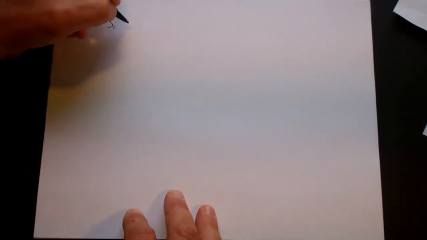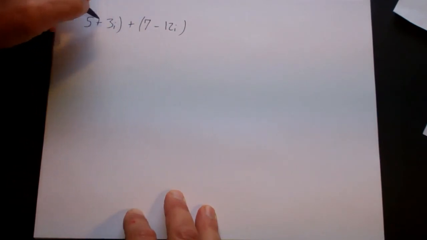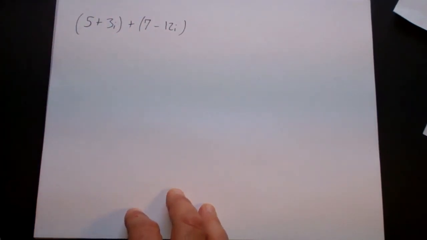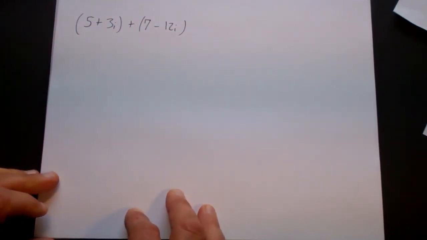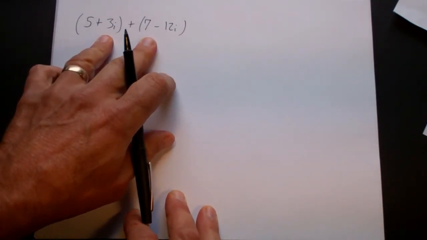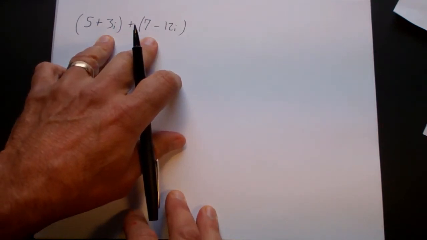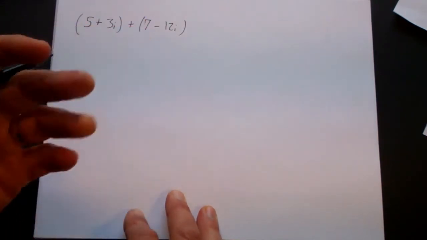So on the first problem, you have 5 plus 3i plus 7 minus 12i. And this is just adding complex numbers. The trick with algebra with complex numbers is you just pretend that the i is a variable. It's not a variable, but just pretend it is until you get an i to a power, like an i squared or i cubed, and then simplify.